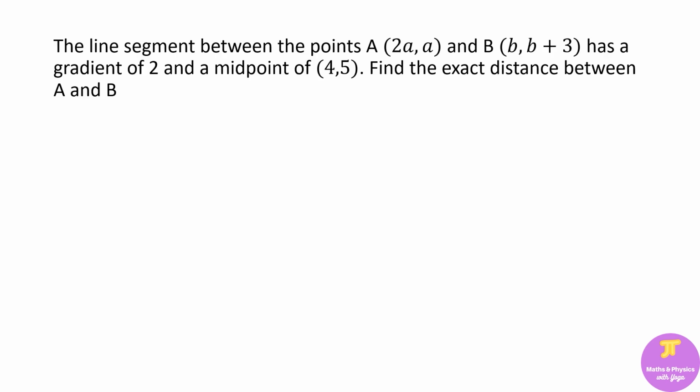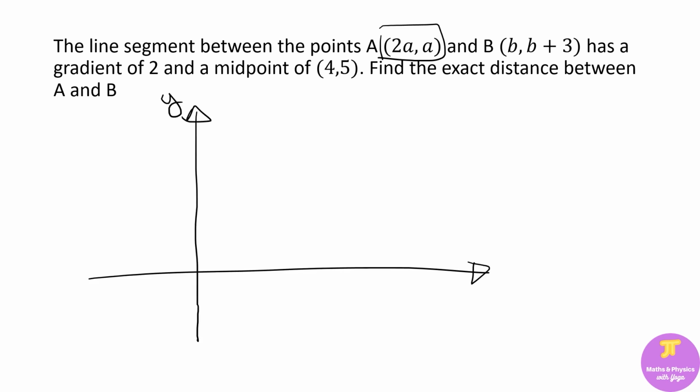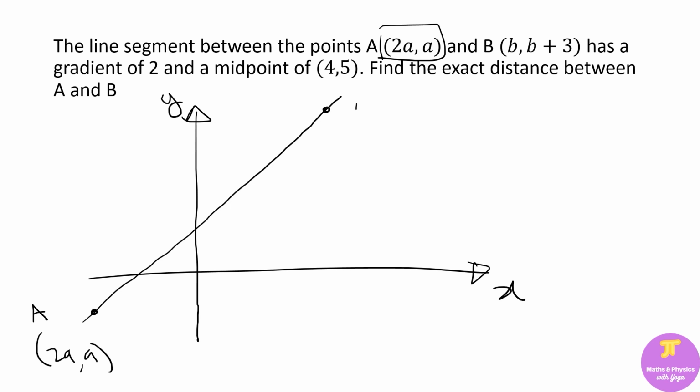Let's look at an example. The line segment is between the points A and B. The coordinate of A is (2a, a) and the coordinate of B is (b, b plus 3).